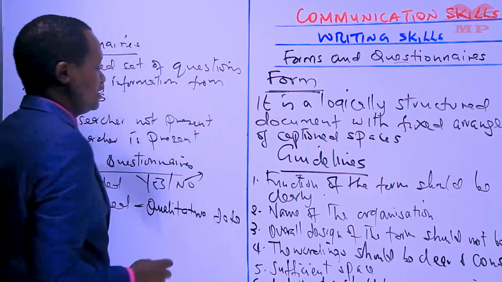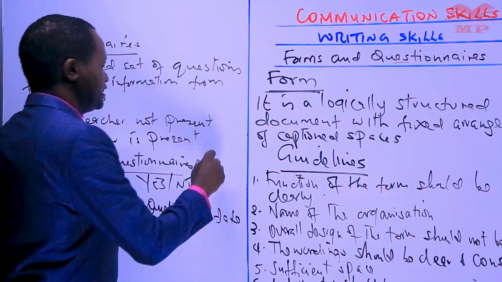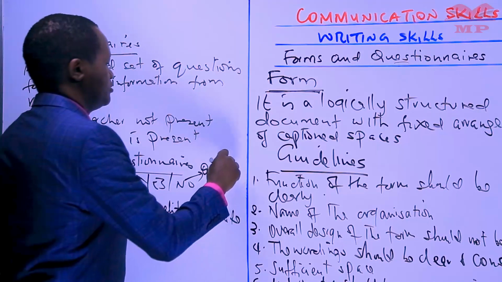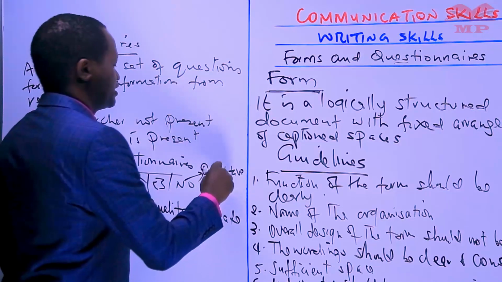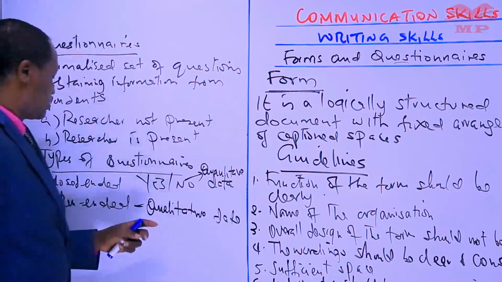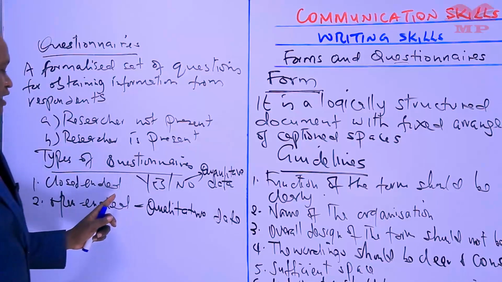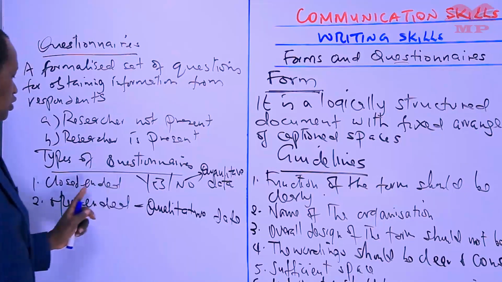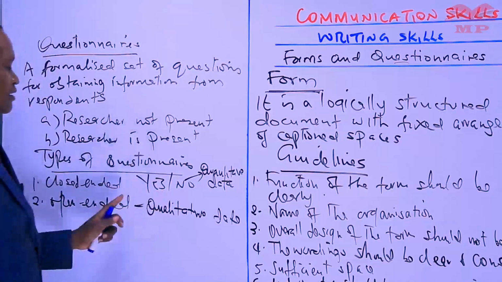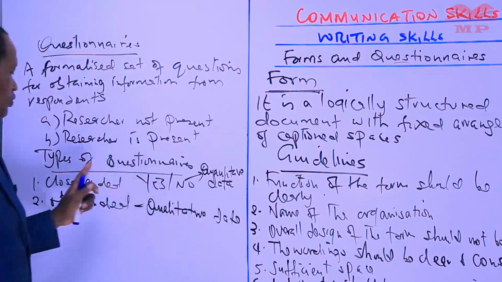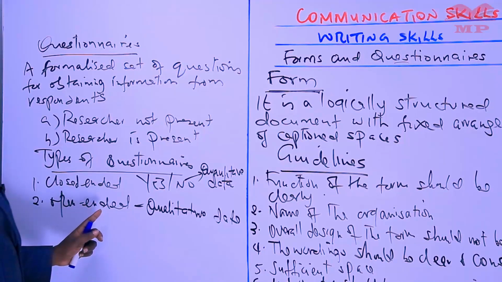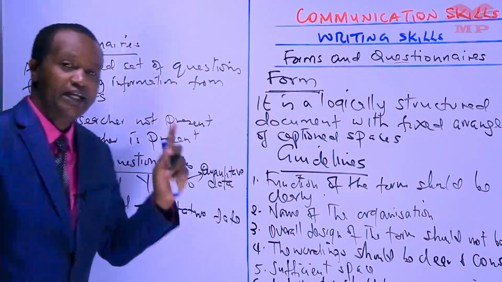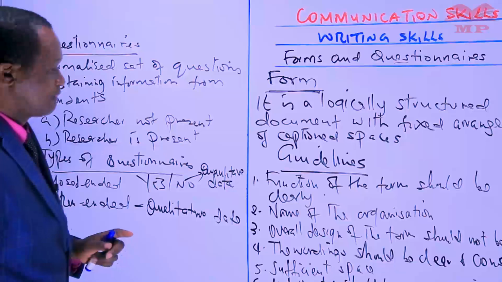Quantitative data is obtained where the respondent answers closed-ended questions. Qualitative data is obtained where the respondent answers open-ended questions.